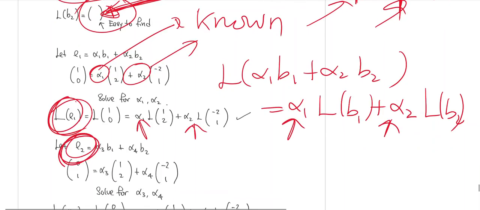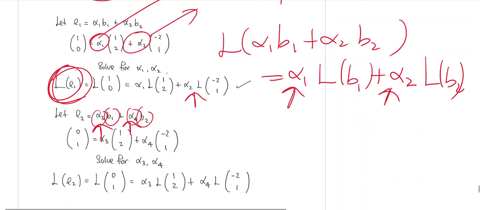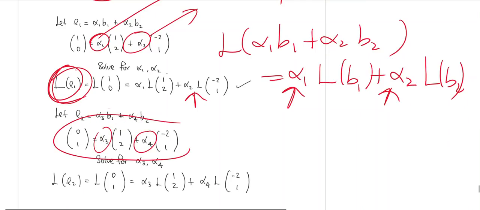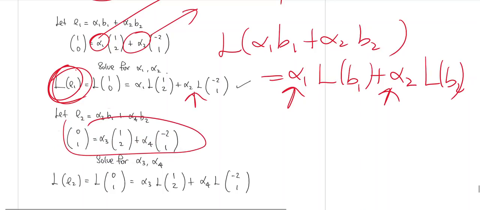Same thing too. The E2 you can write as a combination of B1 and B2. So figure out what these two numbers, alpha 3 and alpha 4, are. So it's just solving a system of 2 equations in 2 unknowns. It's kid stuff. So eventually alpha 3 and alpha 4 will be known.